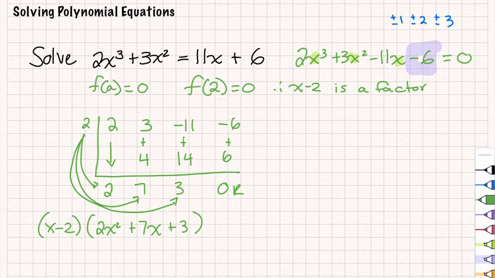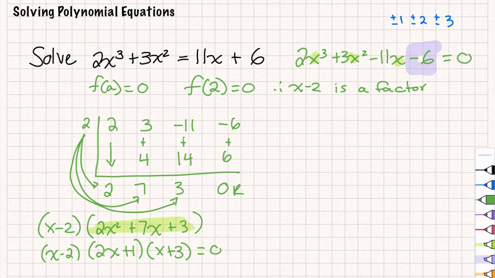Now, as you can see, we can factor this trinomial. So I'll give you a moment to factor. So we end up with x minus 2, 2x plus 1, x plus 3, and that equals 0.